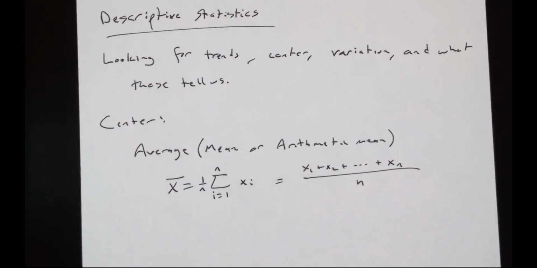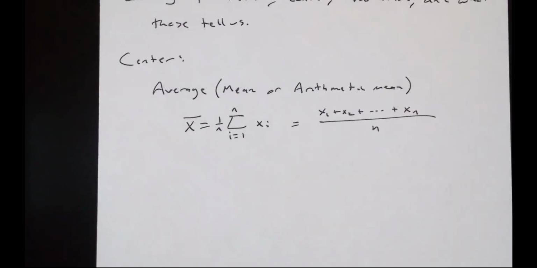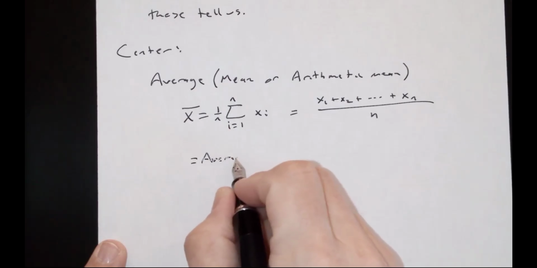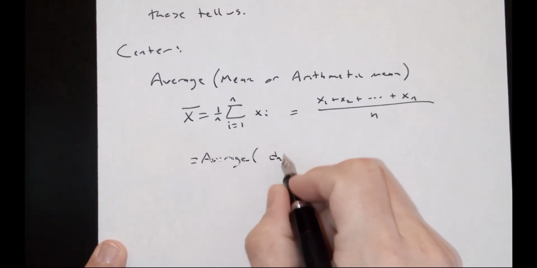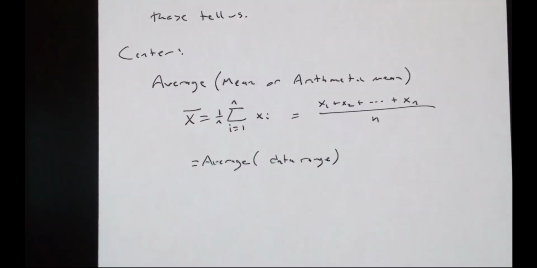Almost always, the symbol for an average is an x with a bar over. In Excel, I just have to use that command.